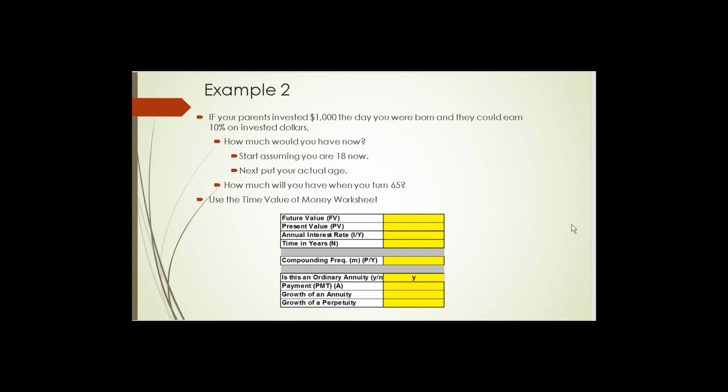So if your parents invested $1,000 the day you were born, and they could earn 10% on invested dollars, how much would you have now? What I suggest you do is quickly open the worksheet that you have at your disposal if you're in this class, and plug in the numbers to solve this problem. If you invested $1,000, the present value would be negative $1,000. 10% is the interest per year.